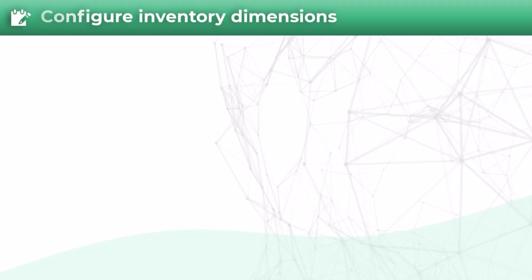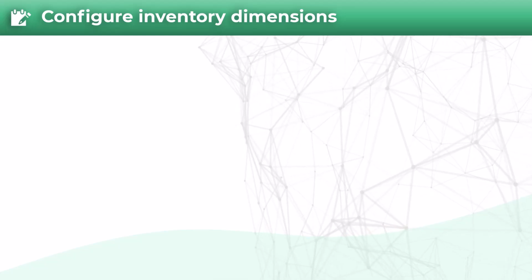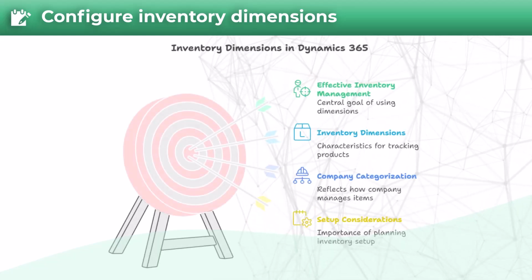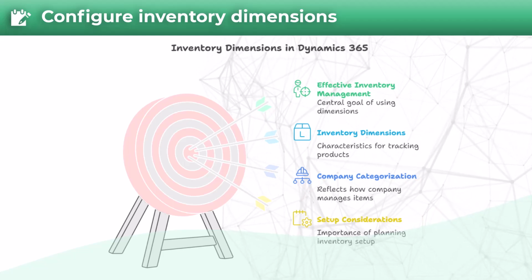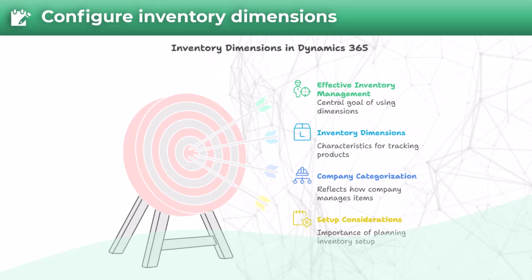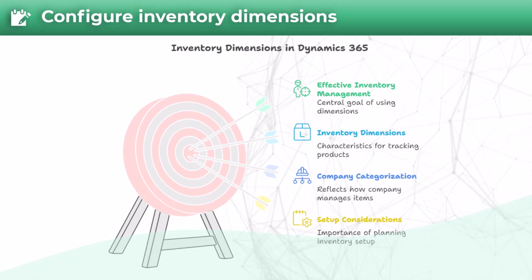Hello everyone. Today we are going to learn about inventory dimensions in Dynamics 365 supply chain management. Before we set up inventory, it is very important to think about how we want it to function. Why?